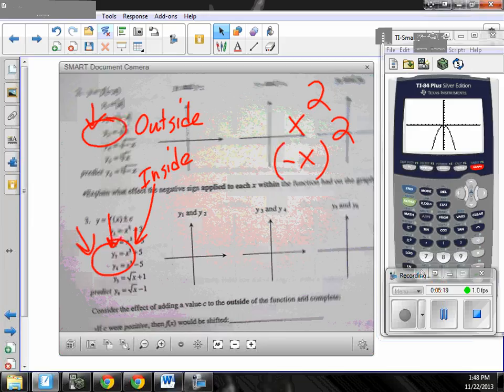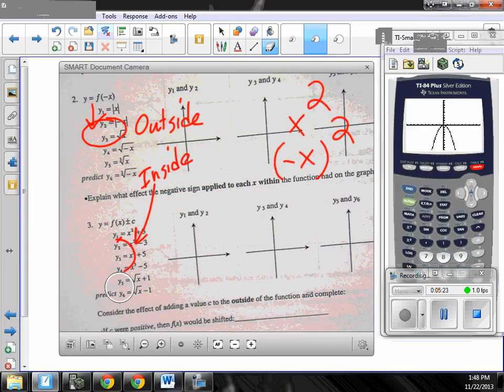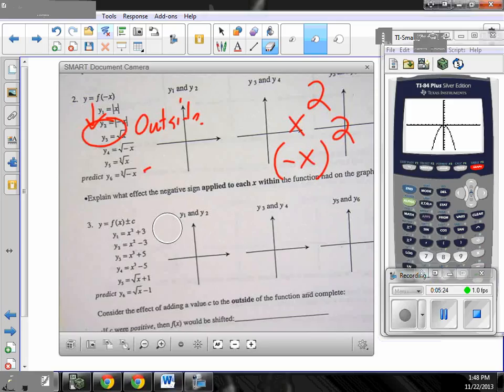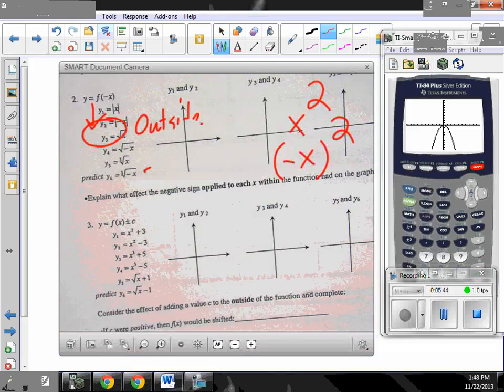I'm not going to tell you, but maybe. So look at number 3. Number 3 says you're going to add outside of the parentheses. So hang on, guys. Look up here, please. Jaron and Cambry. So when you get to number 3, see how it says x is in the parentheses and you add outside?